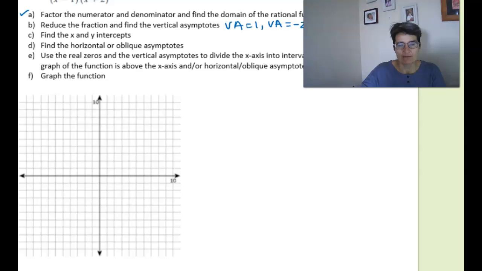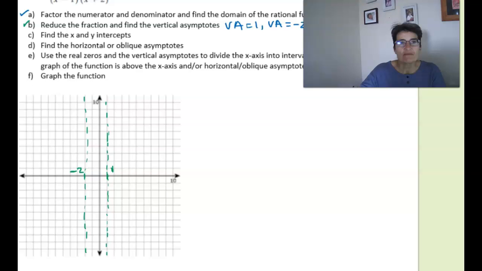So let's make our asymptotes in green. We have a vertical asymptote at x equals 1, so let's put that there. And one at negative 2. Let's put that there. So here's 1 and here's negative 2.